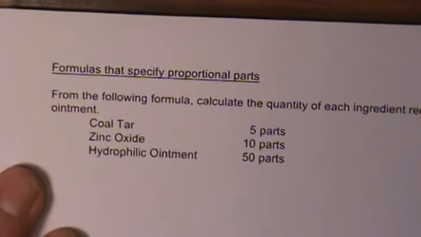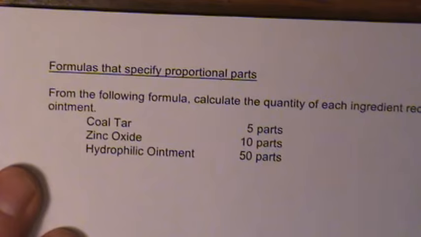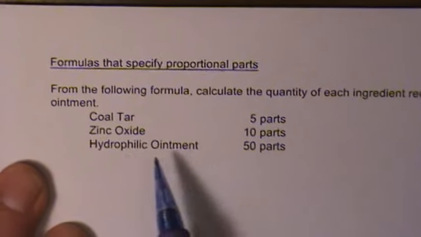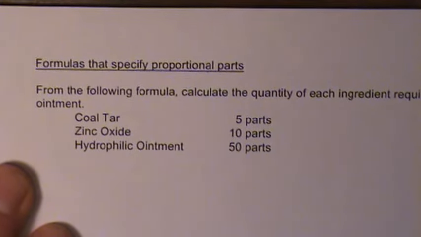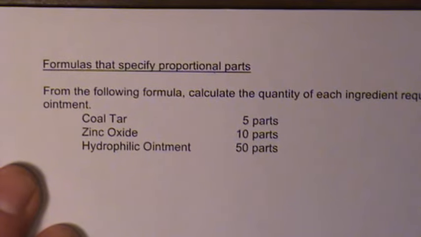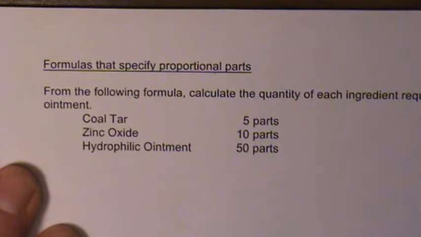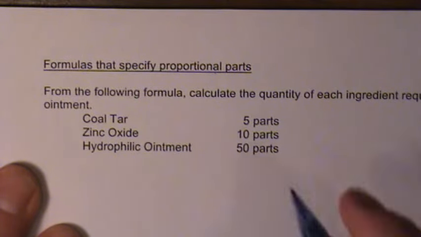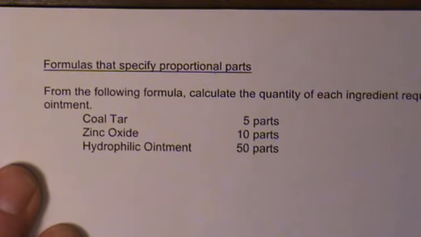In this case, probably instinctively, you could look at this and say, okay, ointments, zinc oxide, tar, that's going to be measured in weight. And so in that case, it really doesn't matter what unit of measure you give them as long as they're all the same. It's a ratio, 5 parts to 10 parts to 50 parts.